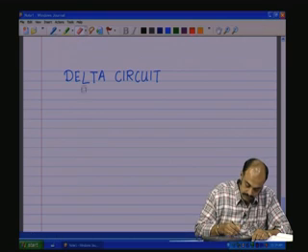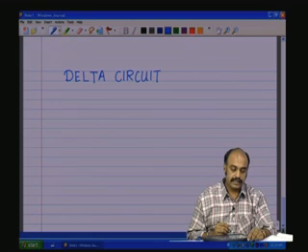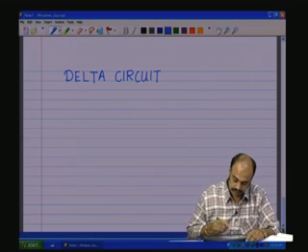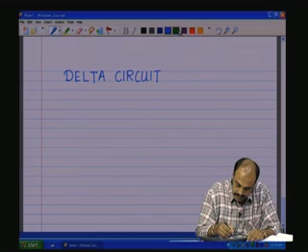Delta circuits. So, in the delta circuit, the picture is as follows.